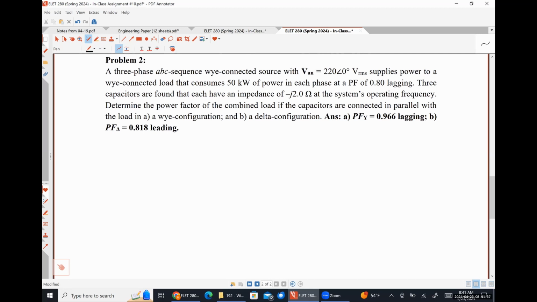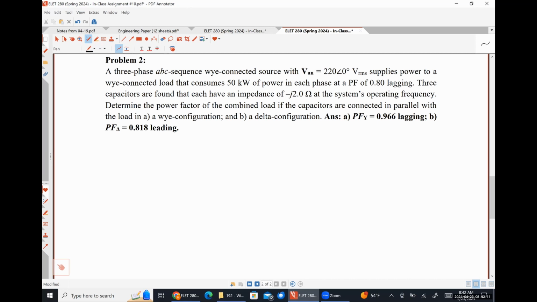Okay, so in this one, we have a 3-phase Y connected source that is supplying power to a Y connected load, which consumes 50 kilowatts of power in each phase at a power factor of 0.8 lagging. 3 capacitors are found that have an impedance of negative j2 ohms at whatever our system's operating frequency is.